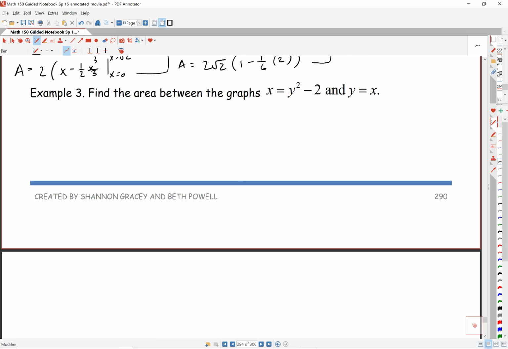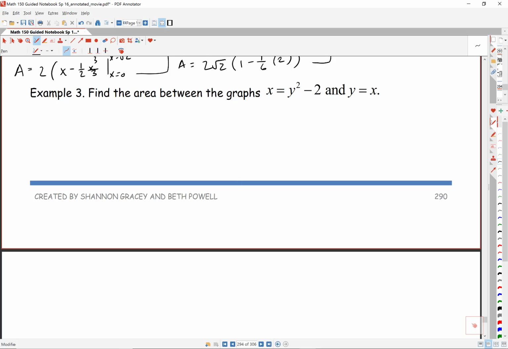So let's check this third example out. You're finding the area between the graphs x is y squared minus 2 and y is x. Well, so far all we've learned how to do is deal with functions of x, right? So here we'd be considering something a little bit different. We'd be looking at this one.